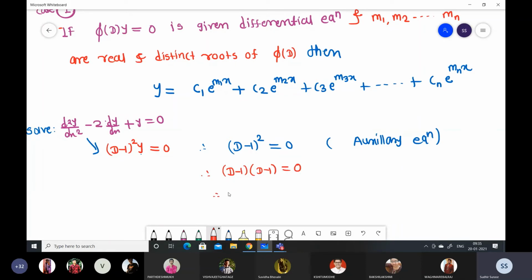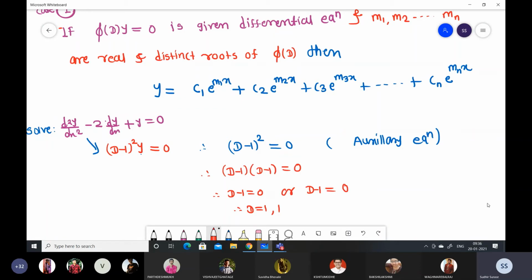Therefore D minus 1 is equal to 0, or D minus 1 is equal to 0, and therefore D is equal to 1, and from the second factor also we get 1. So the root is only 1 but repeated, right? So this is the second case, where the roots are repeated.